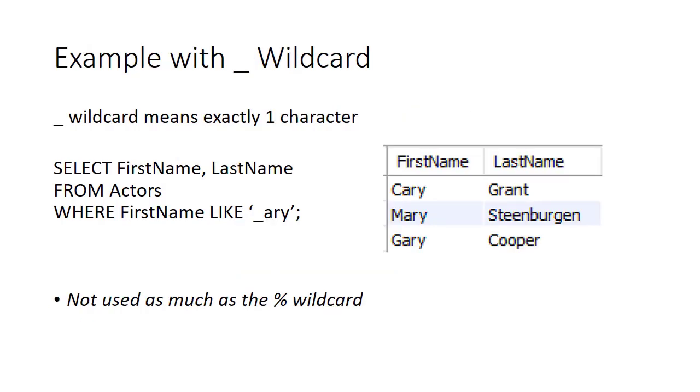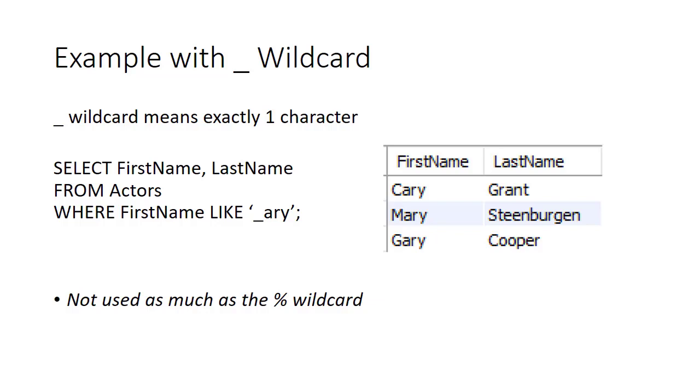The underscore wildcard again means exactly 1 character. So let's find our actors whose first name is like blank ARY. That means we're going to fill that blank in with exactly 1 character. So that could be Carrie, Mary, Gary, 1 character.